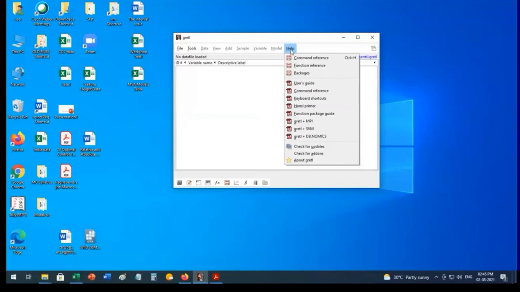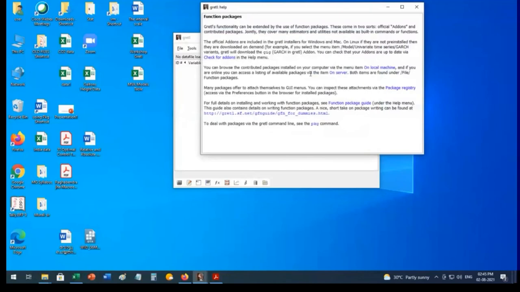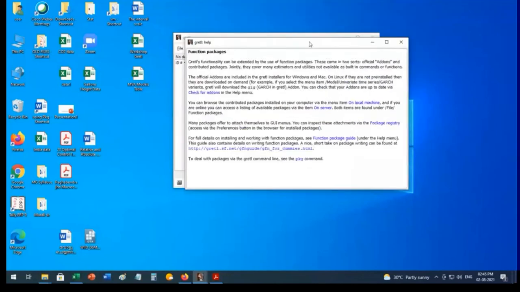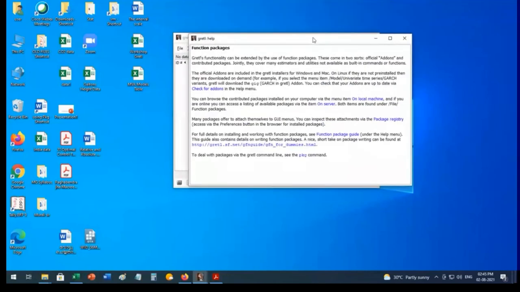Then again, go to the help and packages. This one. So click this. Gretl is an evolving software. Evolving in the sense that just like R, new programs are being added to Gretl. So the new programs you can find in here.